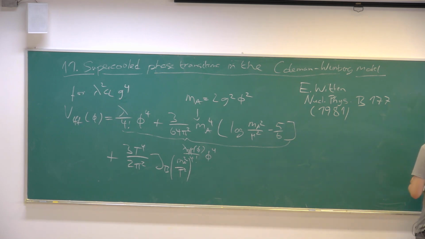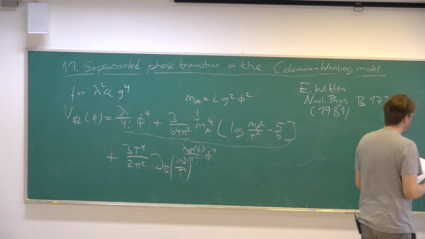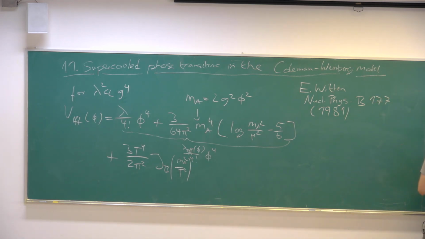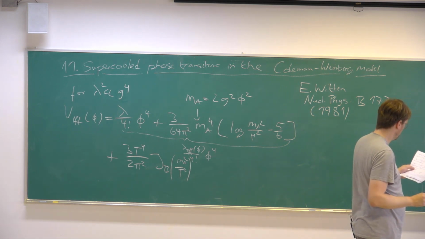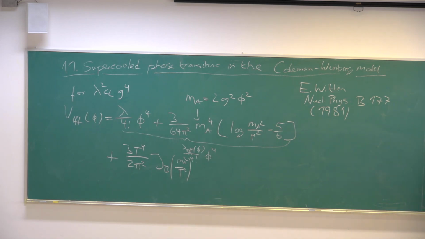What you get is the effective potential of phi and the temperature in this regime where phi is very small. So for phi much less than T over root 2g, it's given by 3 over 64 phi squared, and a to the fourth power, and a always a function of phi, remember that.